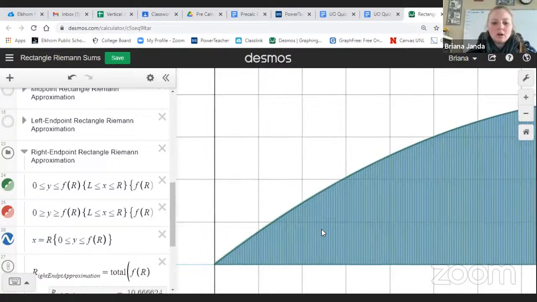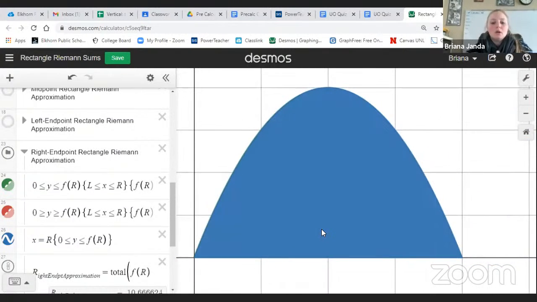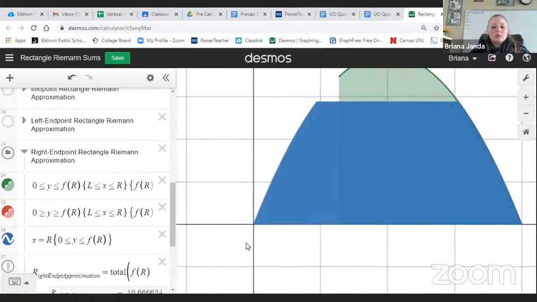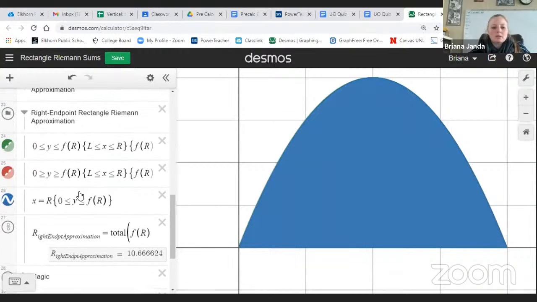You can see that there are little rectangles drawn in there, 500 of them from 0 to 4. And as we scroll down here for our approximation, you can see that it's getting closer and closer to, looks like 10.6 repeating, which would be approximately 10 2/3. And so that's telling me that the area is really, really close to, if not exactly, 10 2/3.